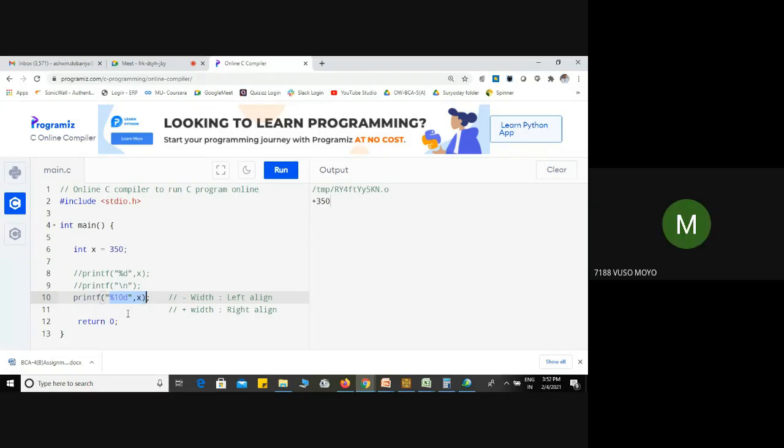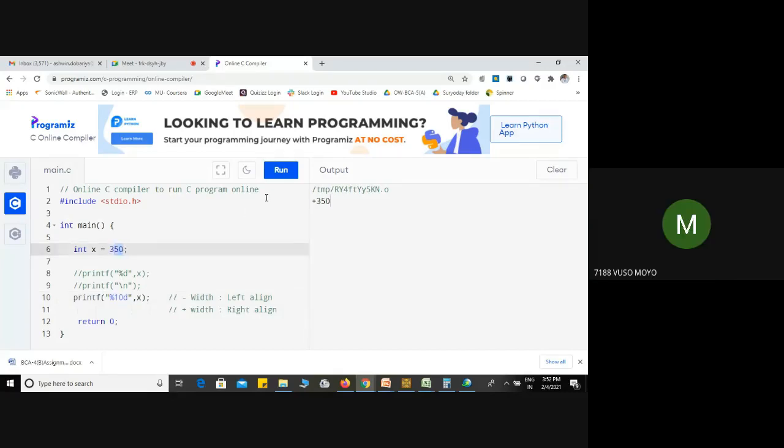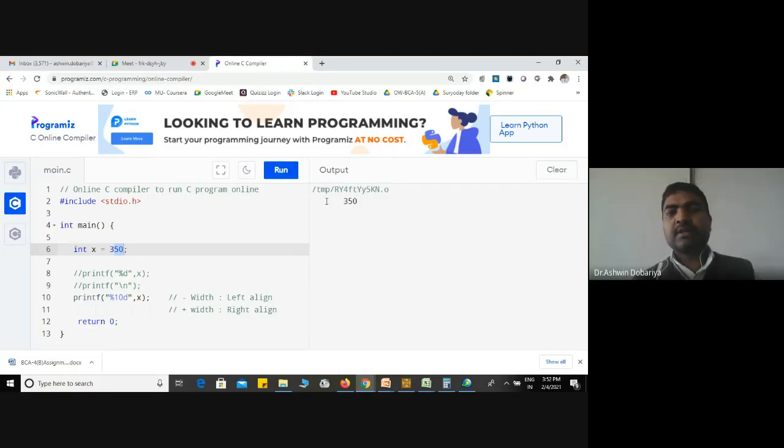The spaces will be 7. So first 7 spaces will be displayed, and after that 350 will just display without any sign. 350 is displayed in the last 3 positions and the 7 positions will be spaces.